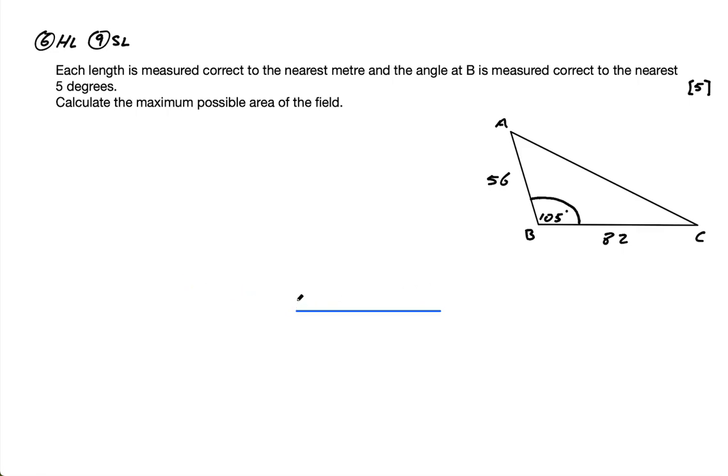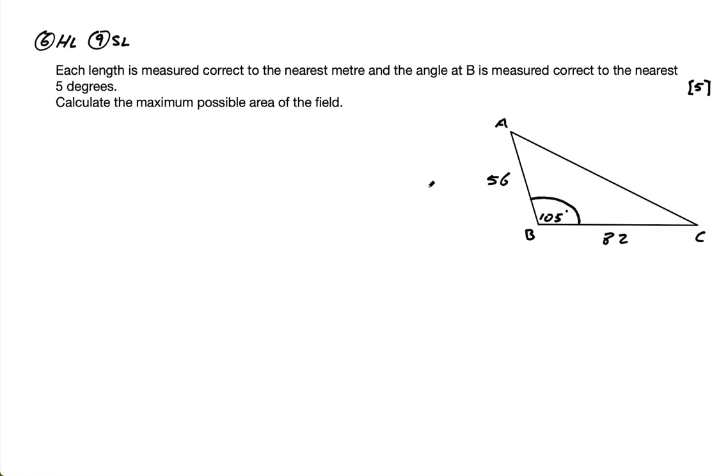But I don't want it to be too small, because if I decrease the angle down to here, the area also gets tiny. In fact, the angle that gives the biggest area is 90 degrees. But because this angle is at 105 degrees, I want this to be small.